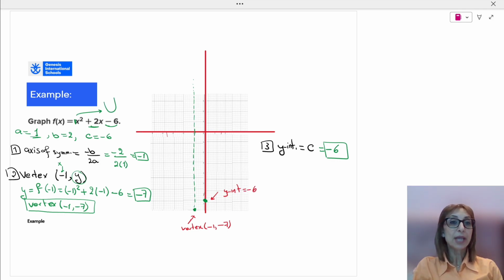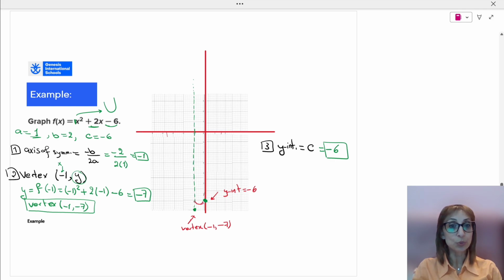Okay, remember that the axis of symmetry cuts the parabola into two identical parts. So every point on the right of the line of symmetry has its image on the left of the line of symmetry. So here we have a point on the right side, which is the y-intercept. Okay, we will measure how many units between this point y-intercept and the line of symmetry. So it is 1 unit.